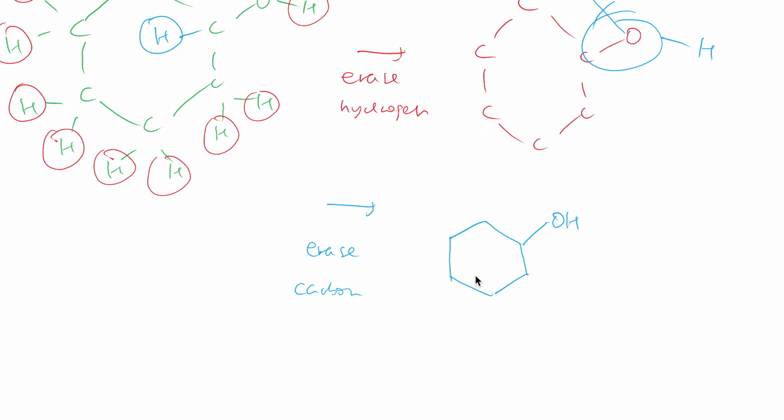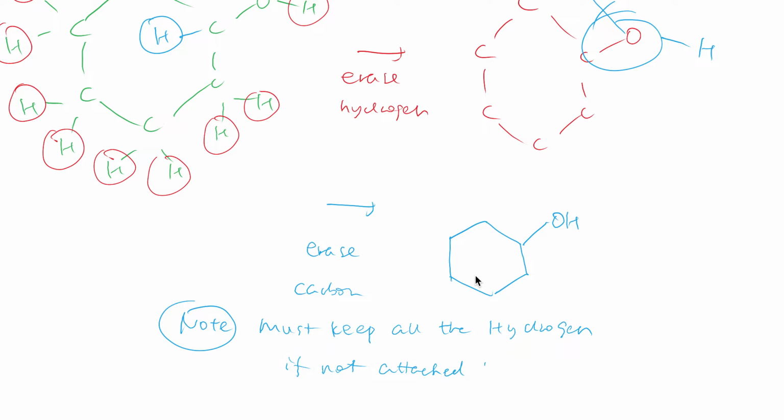So just note, you must keep all the hydrogens not attached to the carbon. If the hydrogen is not attached to the carbon, you must keep that. You can't get rid of them.